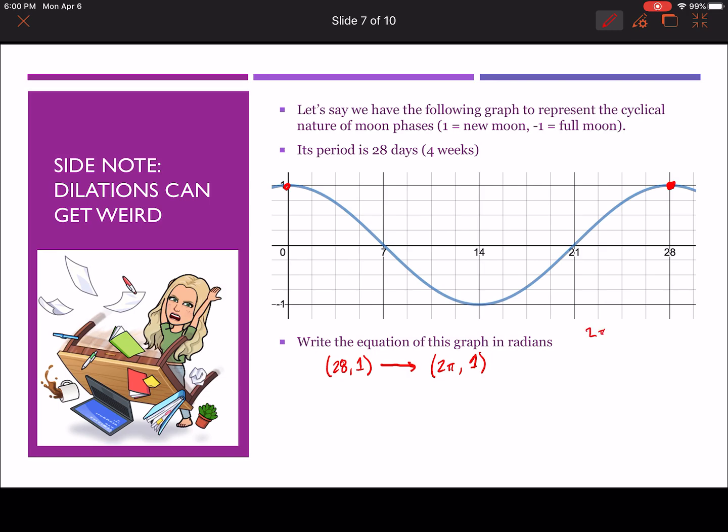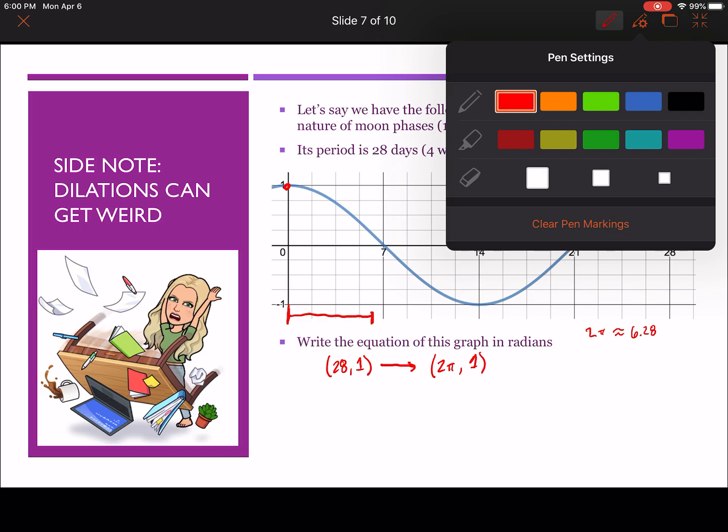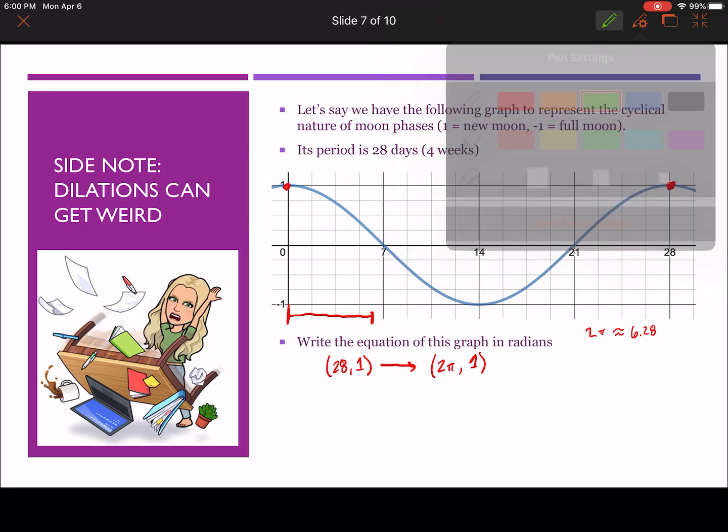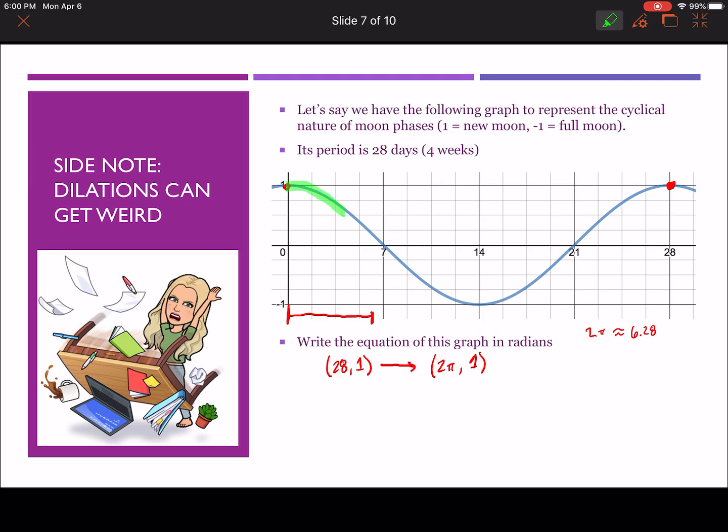Well, pi is like 3.14, so 2 pi is like 6.28. So right here-ish, guesstimating of course, is about 1 period. So how many of my full cycles fit into that period?